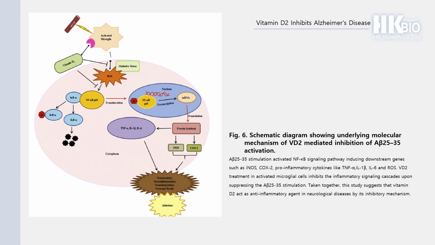Vitamin D2 binds BV2 cells for inactivation, and these cells reduce ROS production and suppress the NF-kappa B activation, leading to the reduction of gene expression for the inflammatory response, such as iNOS, COX-2, TNF-alpha, interleukin-1 beta, and interleukin-6.